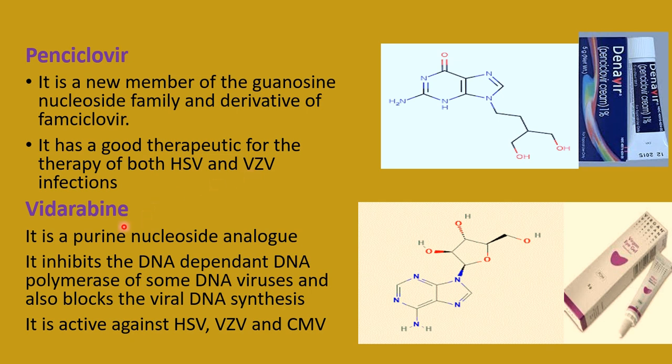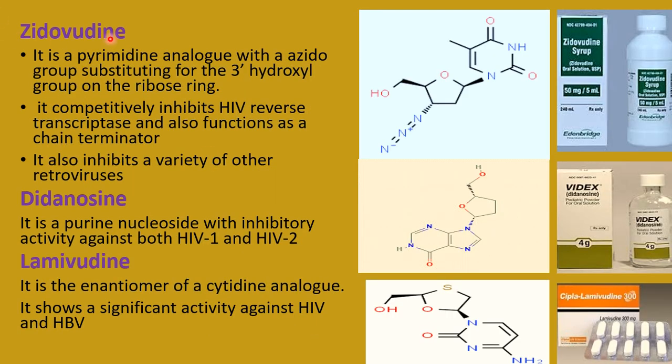Then coming to vidarabine, this base analog is a purine nucleoside analog possessing structural similarity with adenosine, and it inhibits the DNA-dependent DNA polymerase of some DNA viruses and also blocks viral DNA synthesis. As I told you, this is also active against HSV, varicella zoster virus, and even cytomegalovirus.